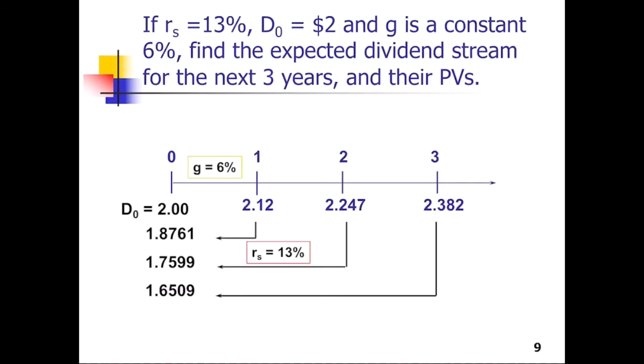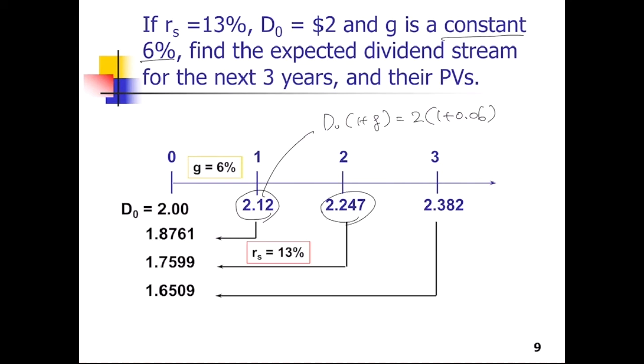This is one example. How can I get these numbers? This number comes from D0 times (1 plus g), right? And D0 is 2 and 1 plus 0.06, right? Because the constant growth rate is 6%. And then we get these numbers.